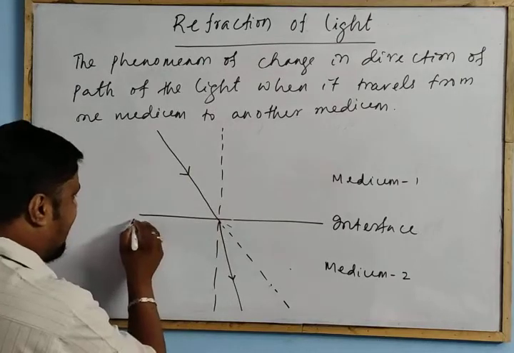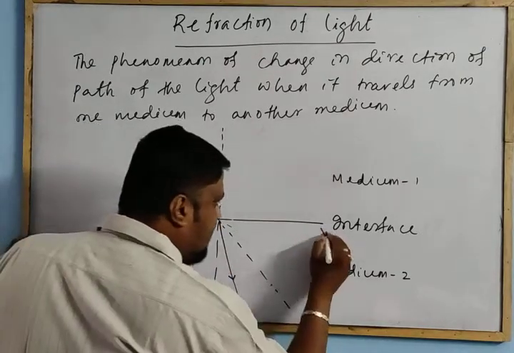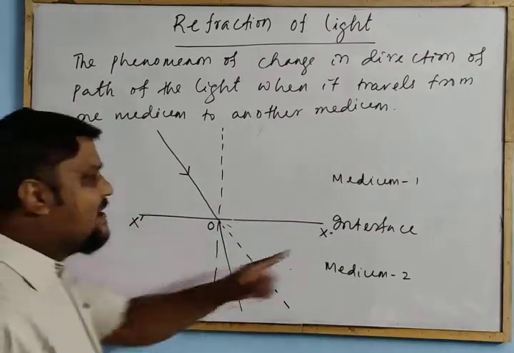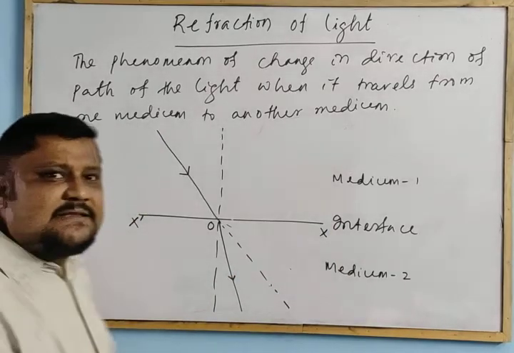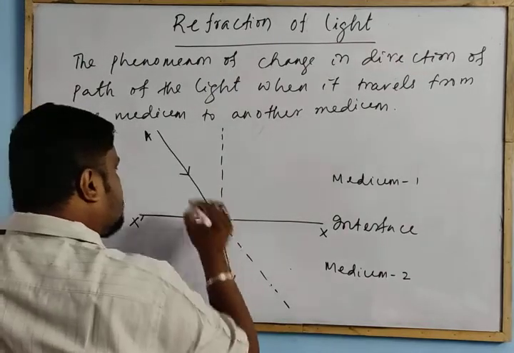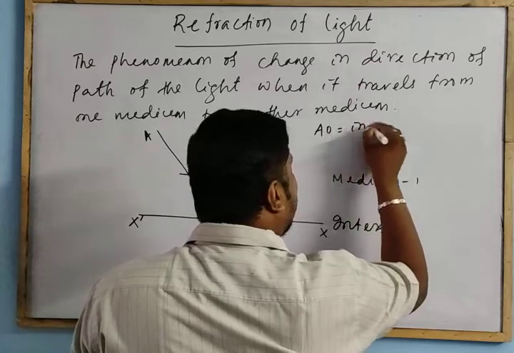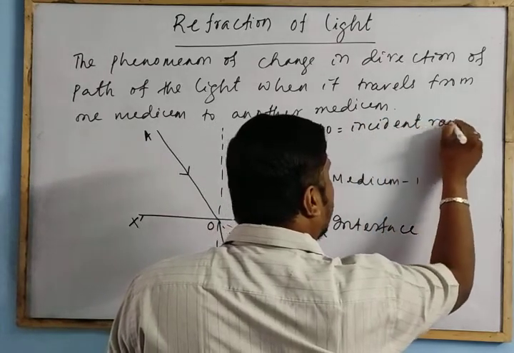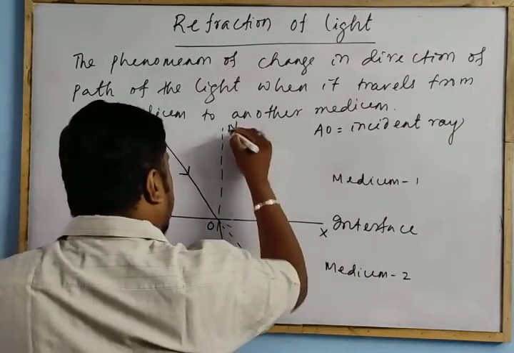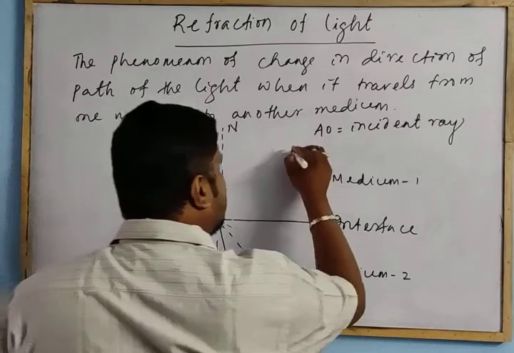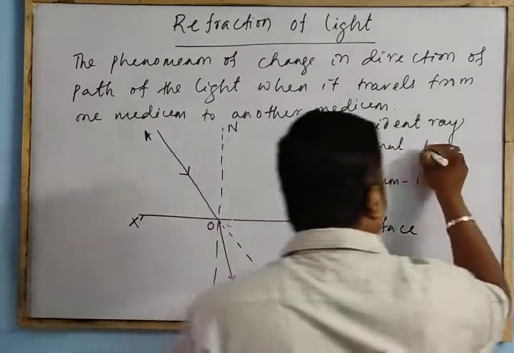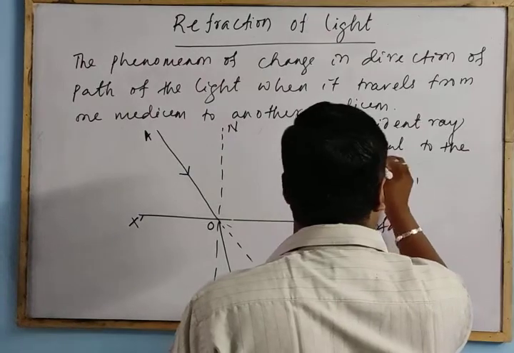Let X dash X be the interface, the boundary of two media. This is medium 1, medium 2. AO is the incident ray. NO and S is the normal, perpendicular to the interface.